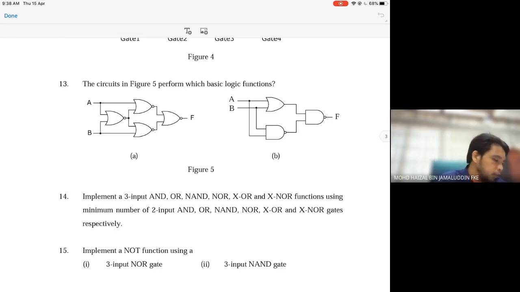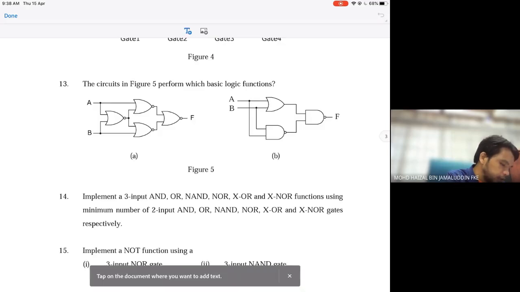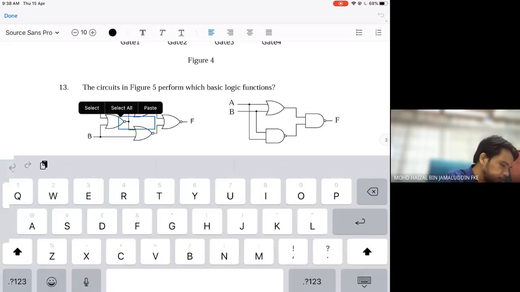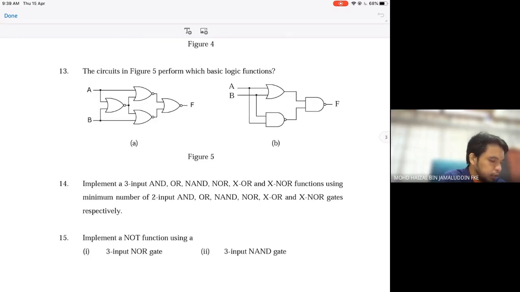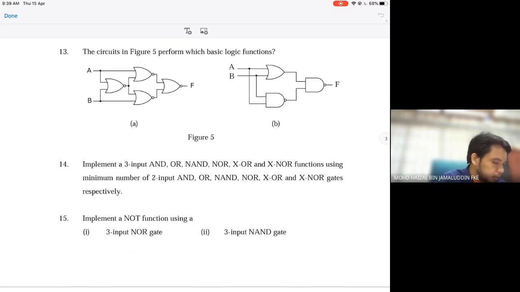Here you need to derive the equation one by one. You need to find what A, B are and draw the truth table: A, B, and F. Then after that you relate to the basic gates. So you need to draw the 13A truth table and the 13B truth table.